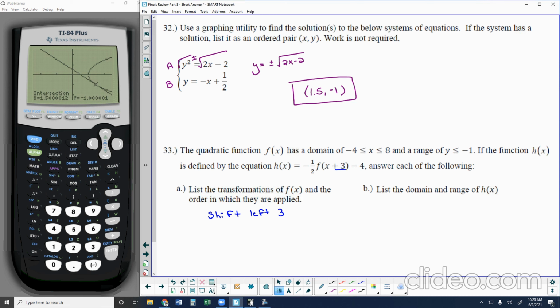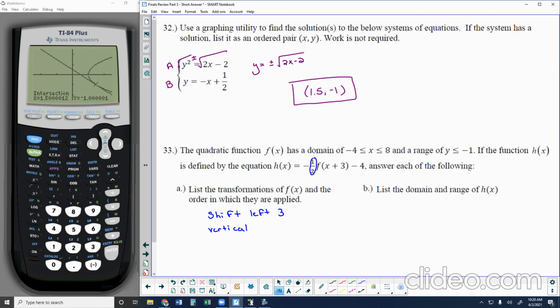Then we look for dilations and reflections. Their order can go either way. So we can do dilations first or reflections, it doesn't matter because they're both multiplication. So here we see a multiplication of 1/2. It's going to be vertical because it's outside of the operation or the parentheses.